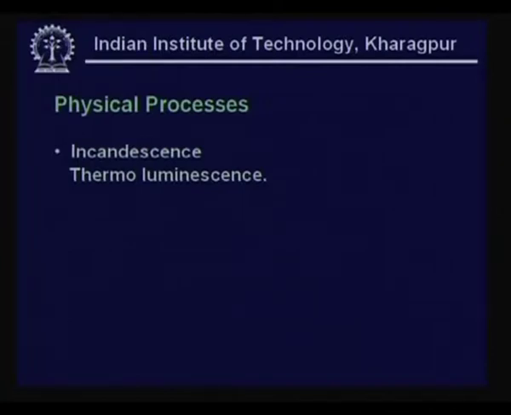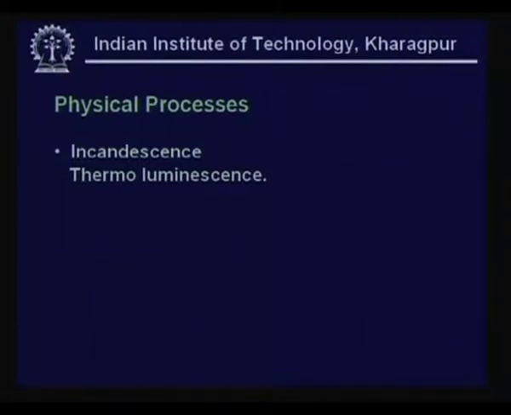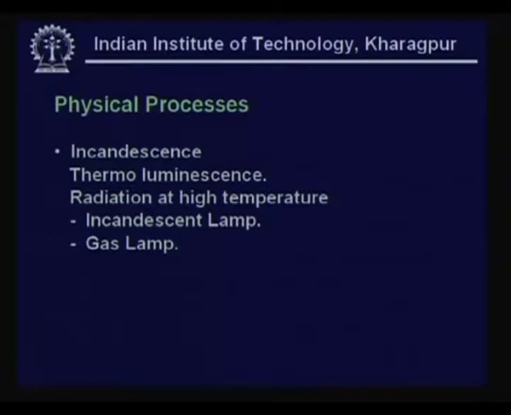The physical process that is responsible for radiation in these lamps is known as incandescence and is also termed thermoluminescence. This, as already brought out, depends on the radiation of light at elevated temperatures. The filament is being maintained at a higher temperature, and in fact there is an associated heat. This has led to the incandescent lamp which is normally used.